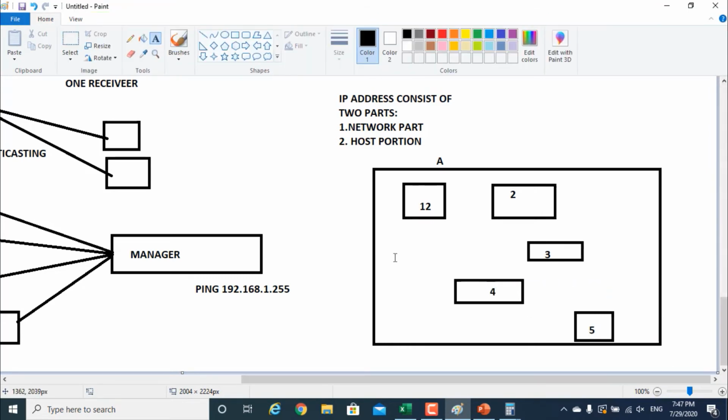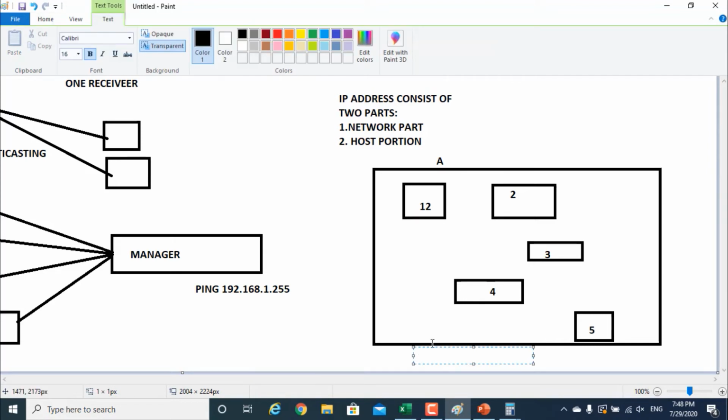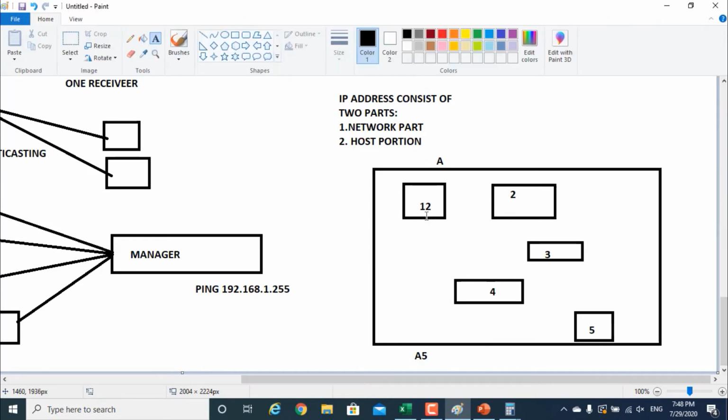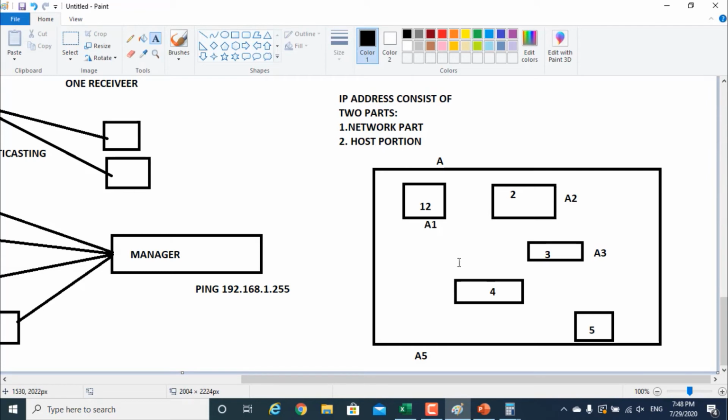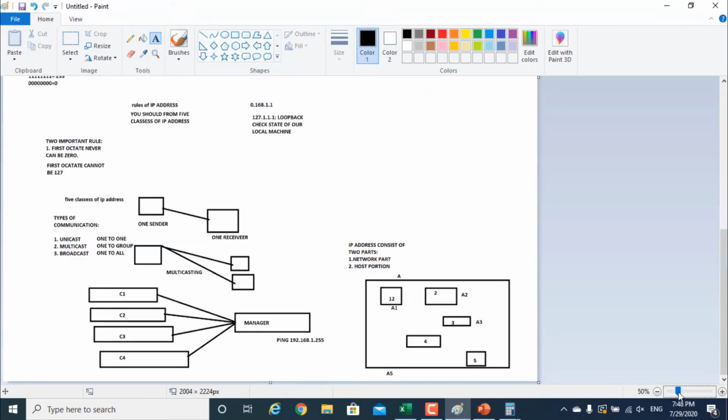Let me ask you one question. If you want to refer to flat number 5 in this building, what are you going to say? You will say that this flat address is A5. Or if I ask what the address of this flat is, you will say A1. About this flat, A2 or A3. Why do you have A common between them? Because you know that all these 5 flats are located in this building only.